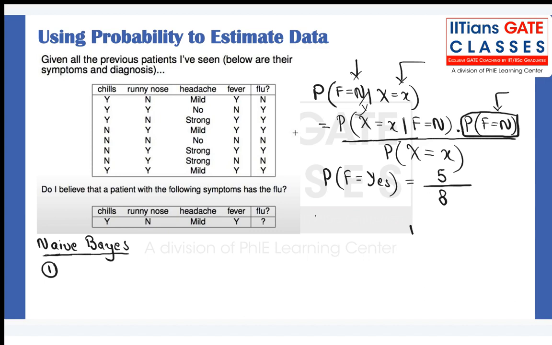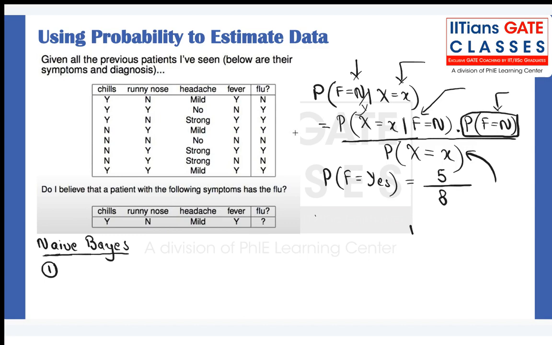So, will this change? I haven't taught you how to calculate it now, but will this change? Yes, right? Given that the flu is no, if you look at the previous example as well, is the denominator changing? No, because it does not depend on whether the person has flu or not.